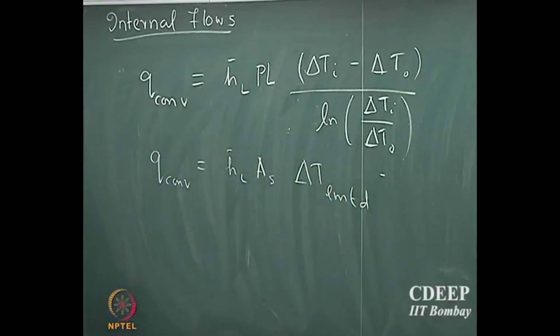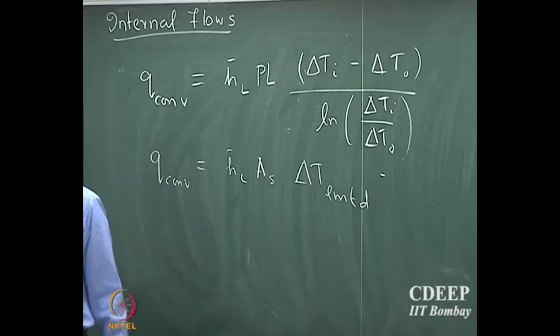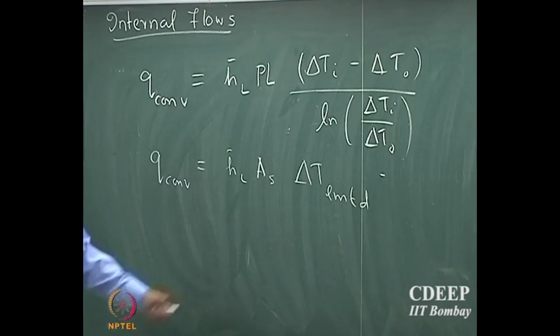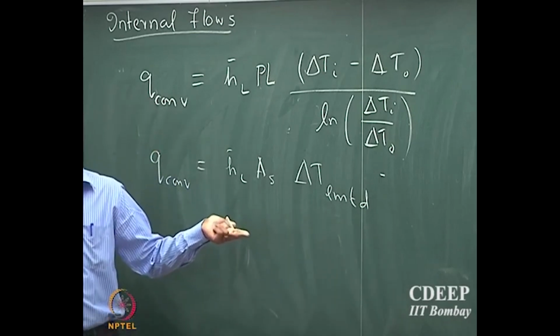So it's not just magic that you use log mean temperature difference in your calculations. It's actually rigorous analysis that shows that that is the correct temperature difference that you should use for your heat transport calculations.